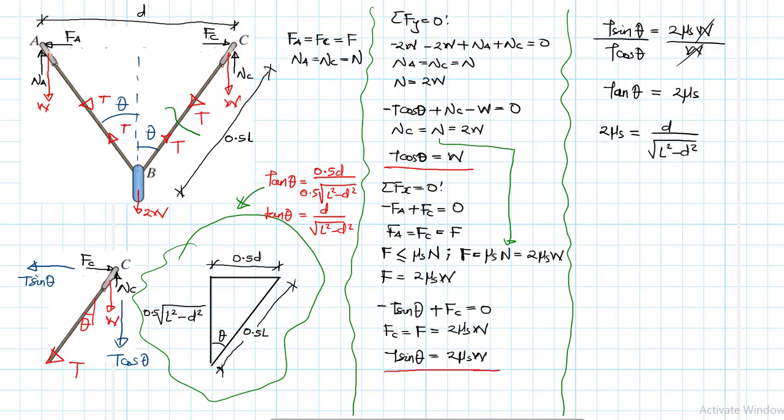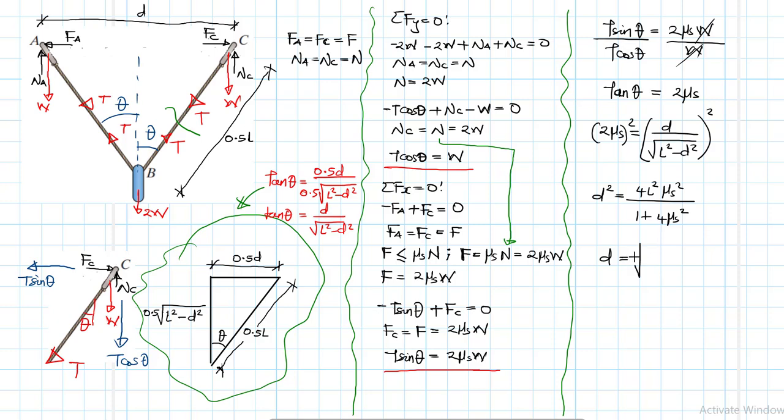And if we were to work out the two, let's square both sides and make d subject to the formula. If we did so, then we are going to have something like this. We have d squared is equal to 4 L squared mu s squared divided by 1 plus 4 mu s squared. And therefore, d will be equal to plus or minus, but we are interested in just the plus, okay?